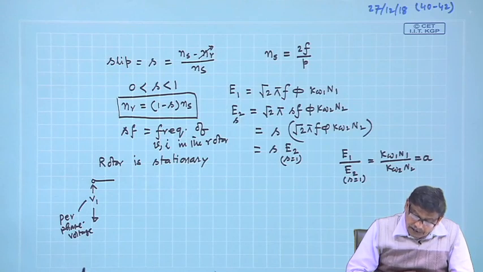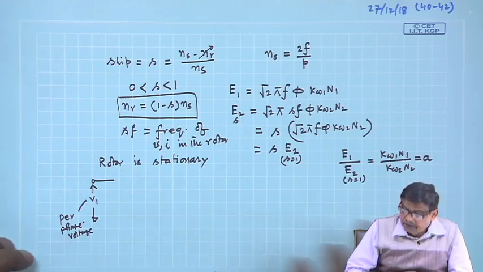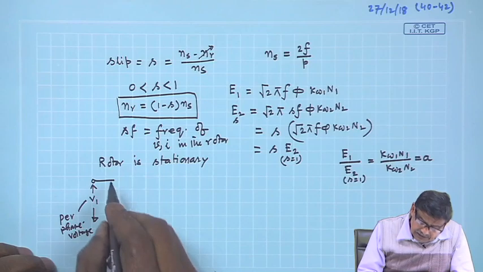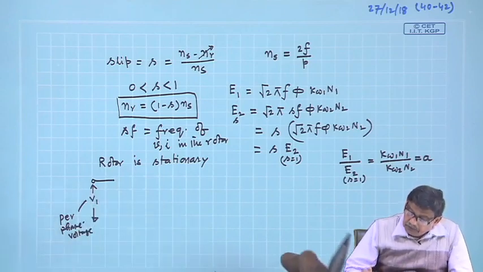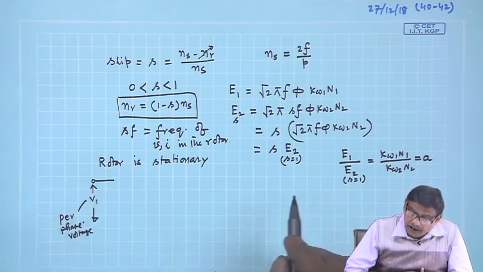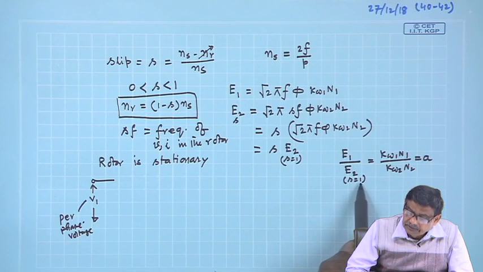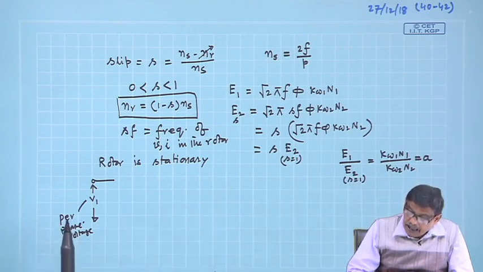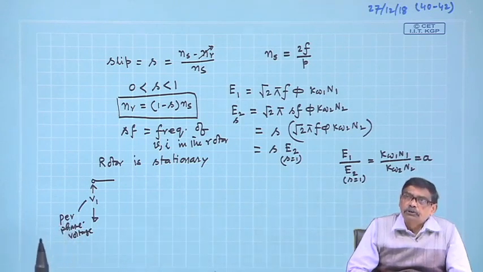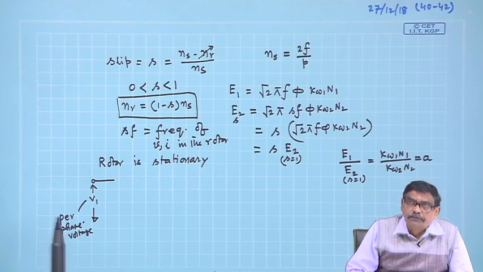Let us try to understand. At S equal to 1, I know the induced voltage in the rotor circuit is E2 at S equal to 1, and the frequency of the rotor current is also f.